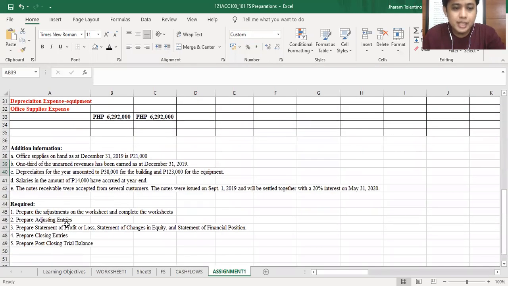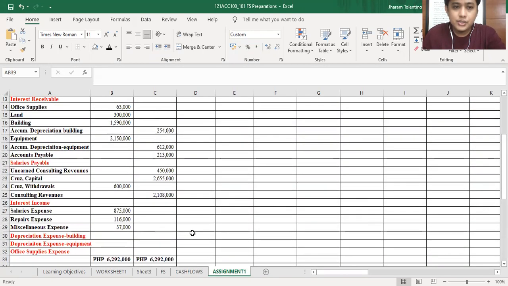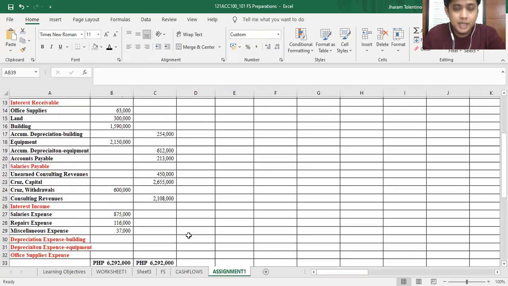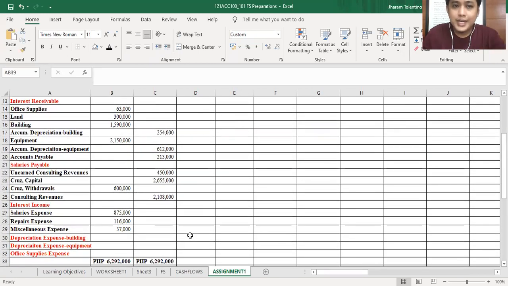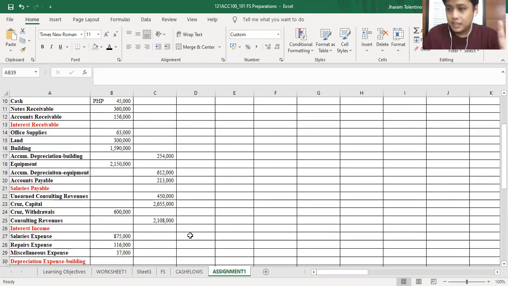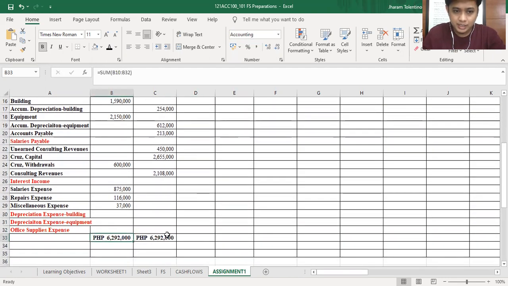So, pinaprepare sa atin worksheet, adjusting entries, the statement of profit or loss, statement of equity and financial position, closing entries, and the post-closing trial balance. Okay, so trabahuin na natin. First things first, whenever you have an adjusted trial balance transferred to the financial worksheet, make sure that the debit balance is equal to the credit balance.